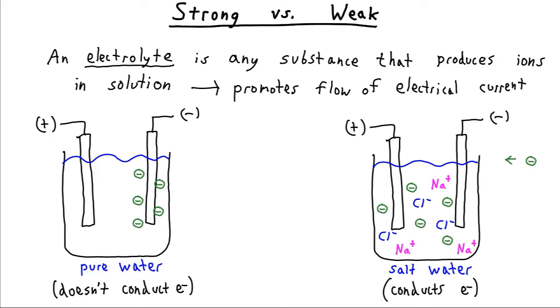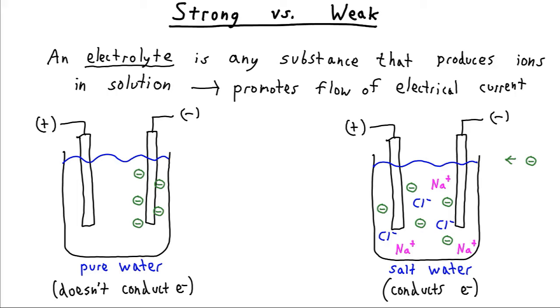And if you imagine trying to push a current through this pure water, we put some electrons in, and as we dump electrons into the water, then we get a strong negative charge, and that's going to repel any subsequent electrons we try to push in. So we very quickly build up too much charge to get any more electrons into our solution, and the current flow is going to stop.